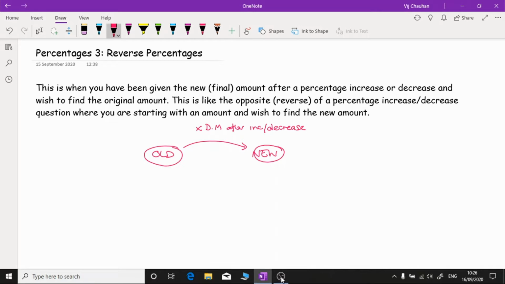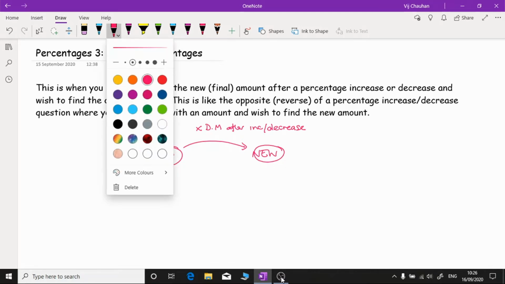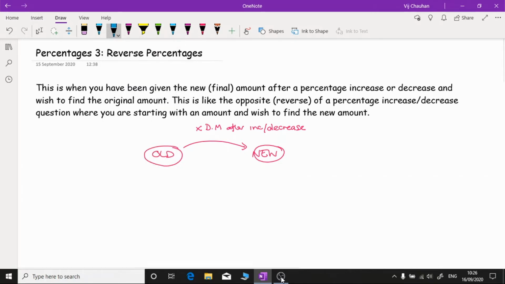Now in this particular question, what we're doing is the opposite of this. So if I get a different colour, let's go for this blue here. I'm going to go for the opposite. So I'm going from new to old, and as I'm doing the opposite, I need to divide by the decimal multiplier after the increase or decrease.